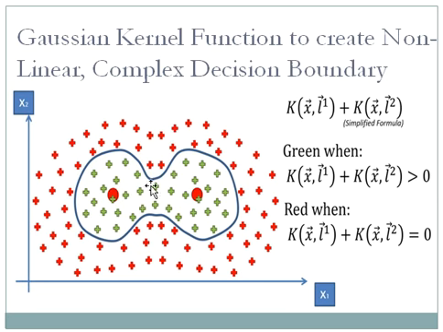No, we'll be using two. So these are the two kernel functions that we'll be using. It will be classified as green when kernel with landmark 1 plus kernel function with landmark 2 is greater than 0. Okay, so it will be classified as green or 1, and wherever it is equal to 0 it will be classified as red.